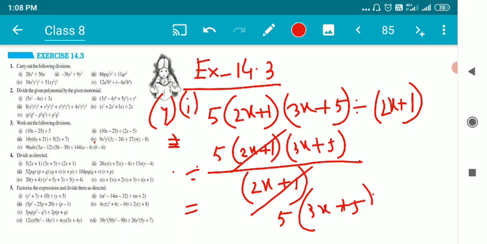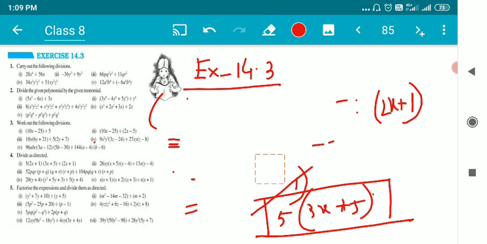So children, here we can see there is nothing in the denominator. That means it's 1. So it's better not to write 1. Simply we can leave our answer like this, 5 into (3x plus 5). So children, you don't have to multiply, you don't have to divide. Just by cancelling, we can bring our answer.